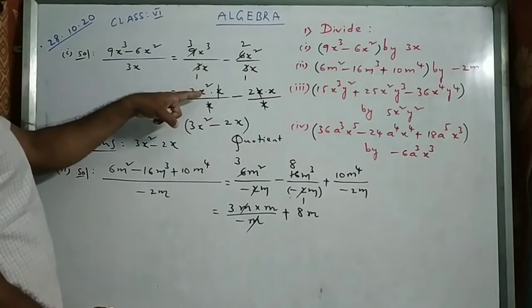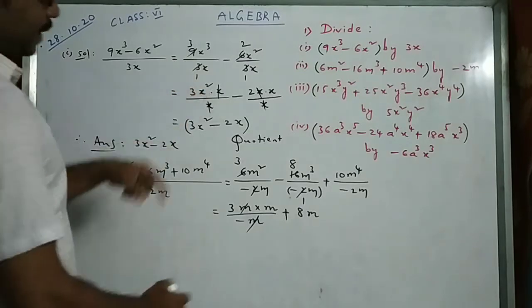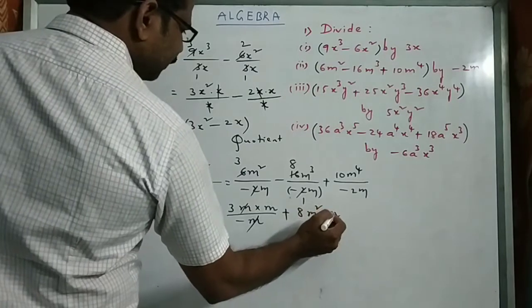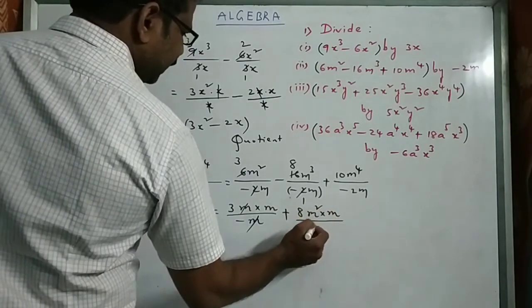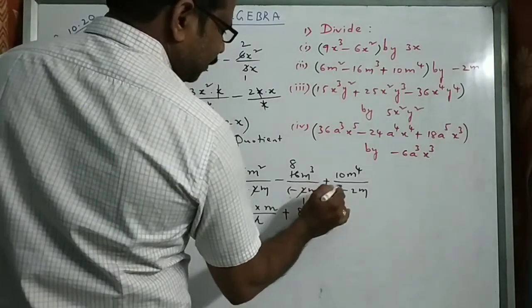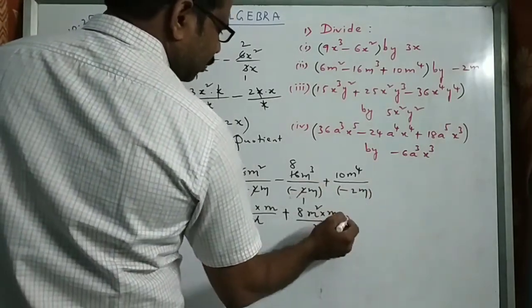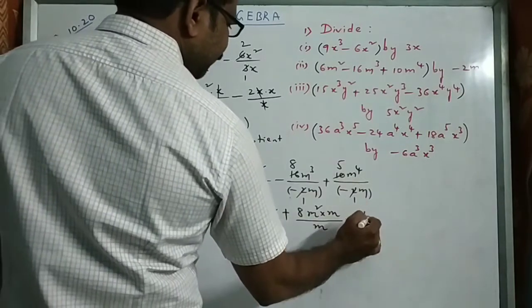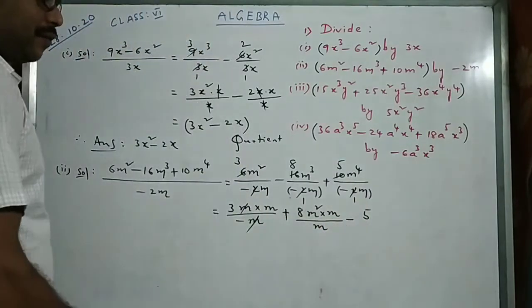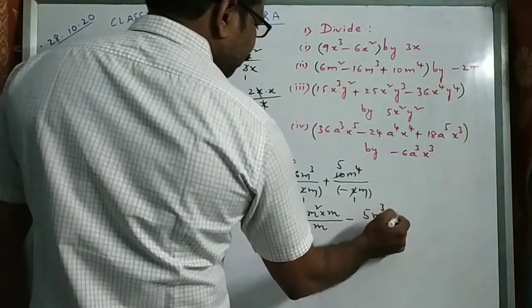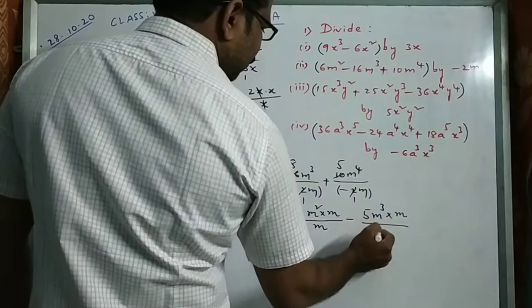X cube how did I write here? X square into x. Now m cube I will write m square into m by m. Okay. And here you see plus into minus. Plus into minus, minus. 2 ones are, 2 fives are. Now you have m power 4 in the numerator. So I can write m cube into m upon m.